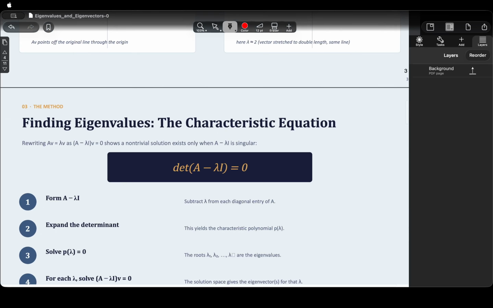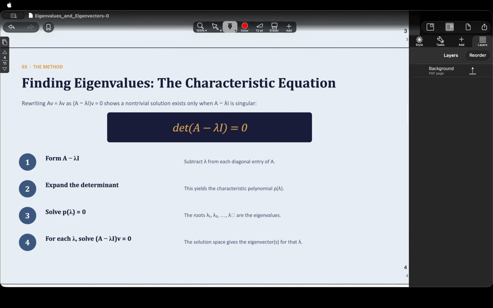In finding our eigenvalues, the characteristic equation is very important to look at. Already we have established that AV is equal to lambda V. We want to write the characteristic equation in this form.